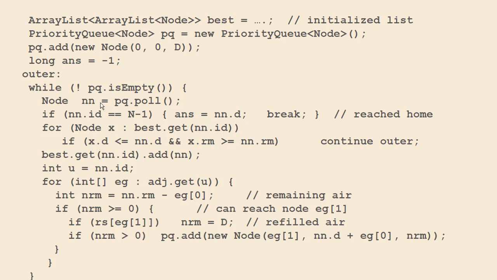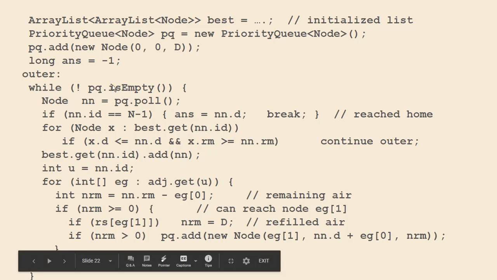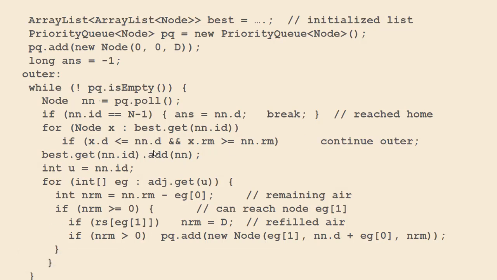So if nn is strictly worse than one of the existing solutions, that means its distance is greater than or equal to that solution's, and its remaining air is less than or equal to that, then we don't need it. We simply skip the rest of the loop and extract the next one. Otherwise, that means we have found a new solution that's better.